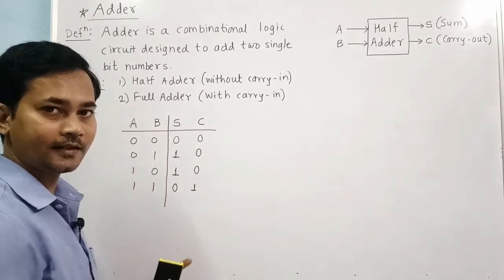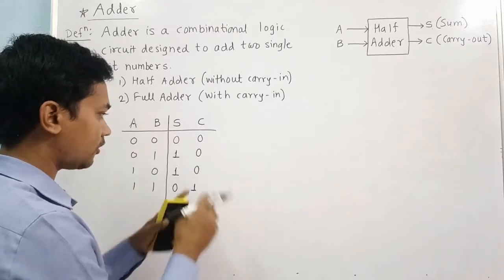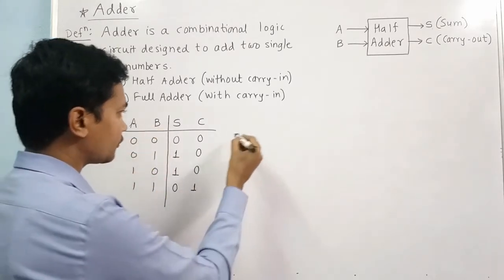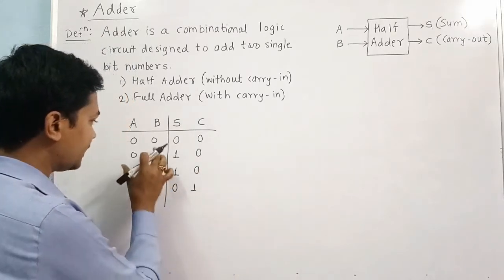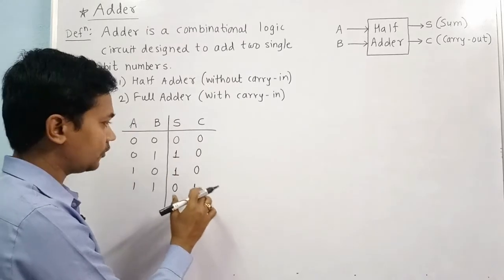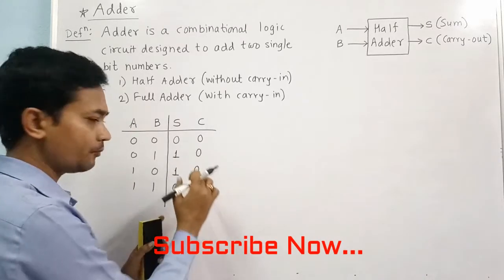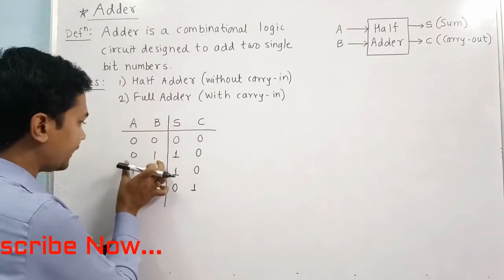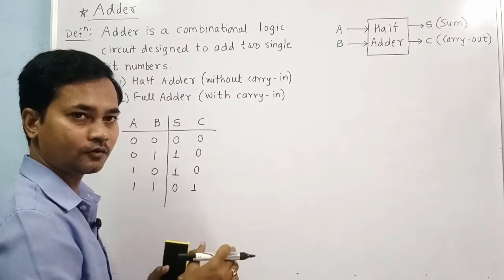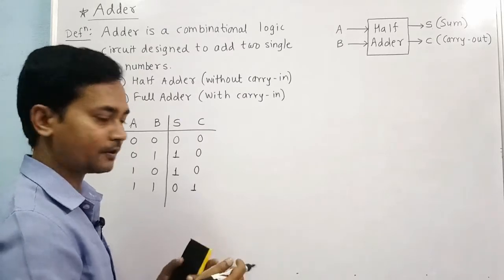Now the next step is to draw the K map for these 2 input bits. Whichever combinations have ones in the sum and carry, only those combinations of A and B should be considered to write the equation, to minimize the Boolean expression.